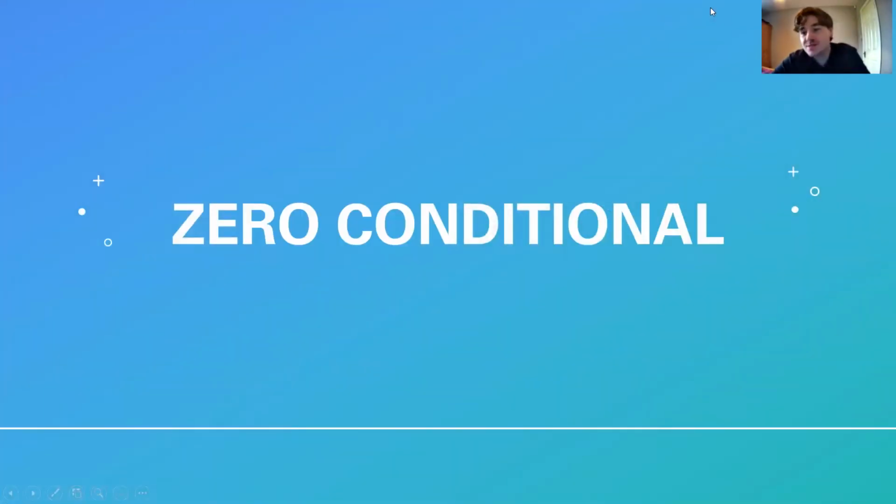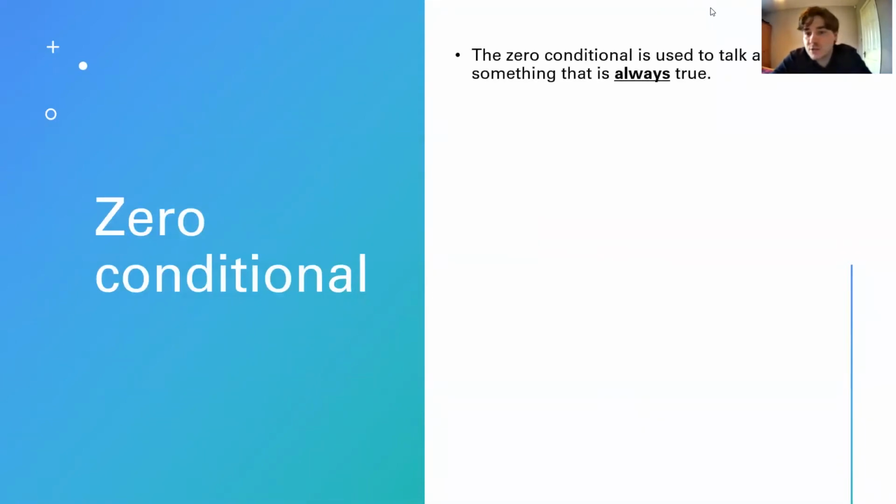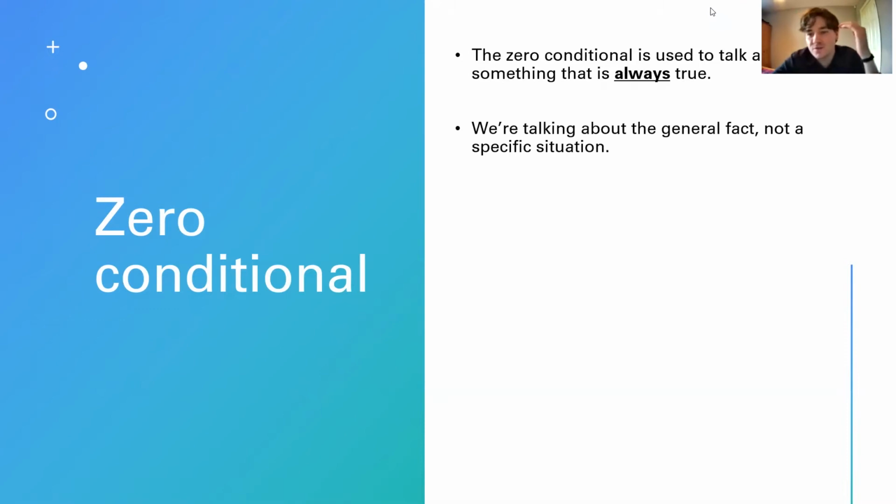We're going to begin with the 0 conditional. It's probably the most straightforward, the easiest to understand. The 0 conditional is used to talk about something that is always true. We're talking about the general fact, not a specific situation. This is one of the differences between the 0 conditional and the first.